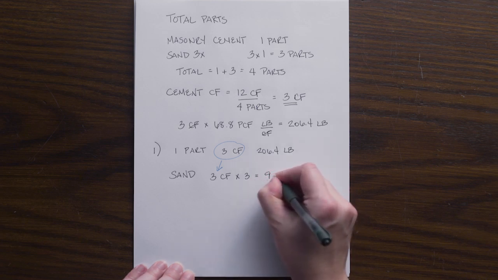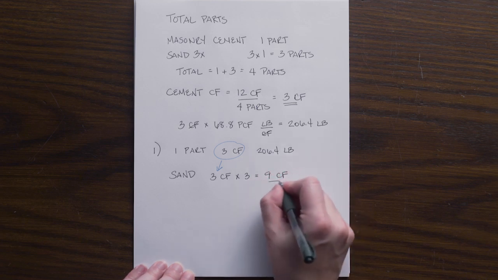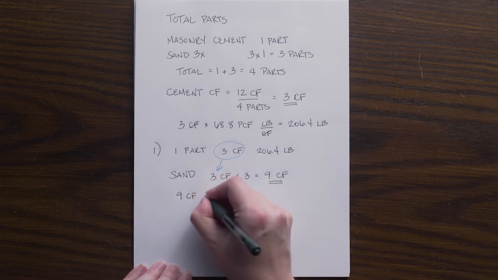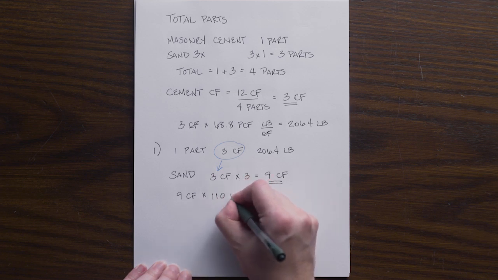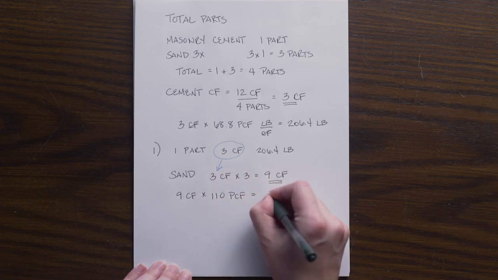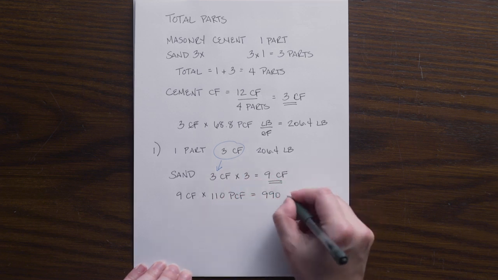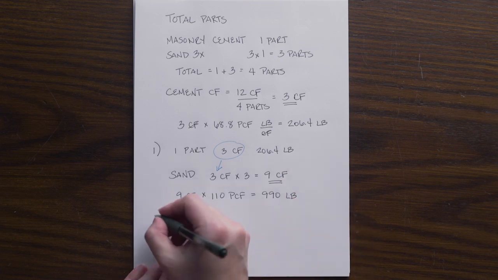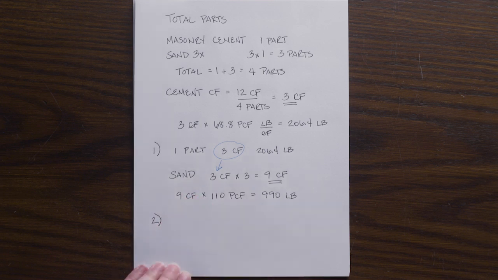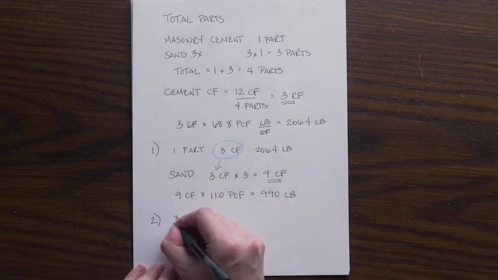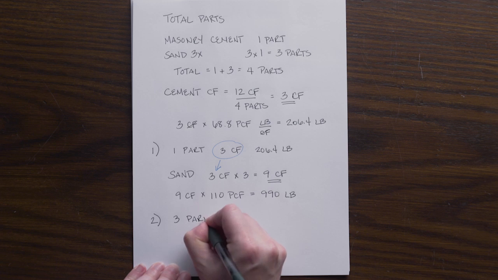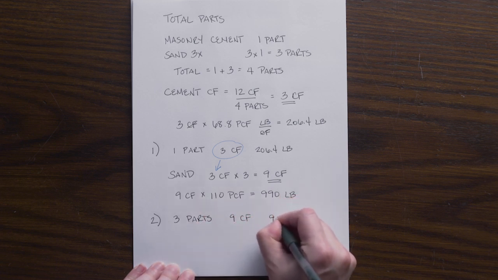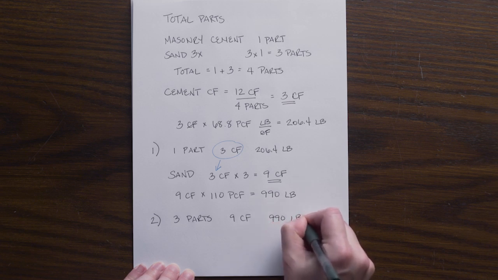That means we have 9 cubic feet of sand required for this batch. 9 cubic feet times the density given, 110 pounds per cubic foot, gives us 990 pounds for our sand. So if we're looking at number 2, as it is written out, we have 3 parts, we have 9 cubic feet, and we have 990 pounds.